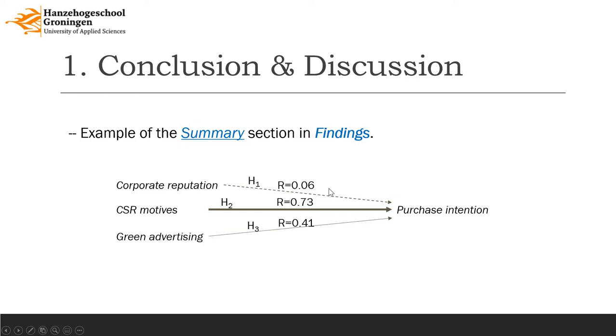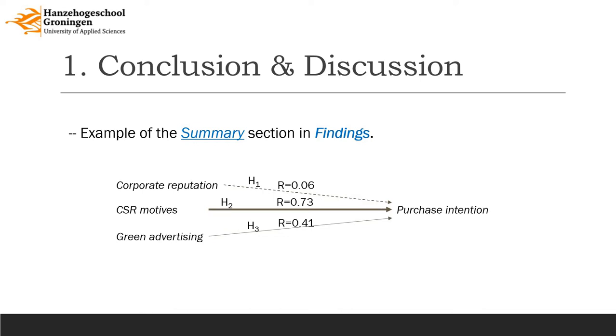H1 shows no significant relationship and it's very weak, R equals 0.06. And I use a dotted line to show that these 2 variables are very weakly related and even not significant. And for the second, H2, the relationship is relatively strong and it is significant. So I use a solid and slightly thick line to indicate that there exists a strong relationship between these 2 variables, CSR motives and purchase intention.